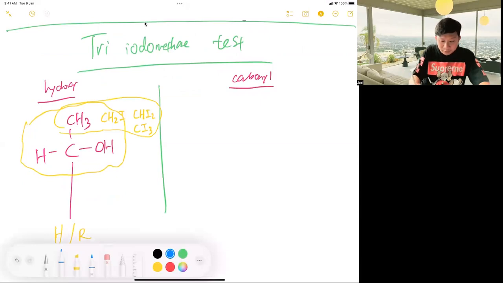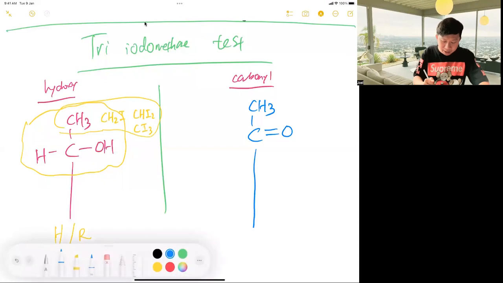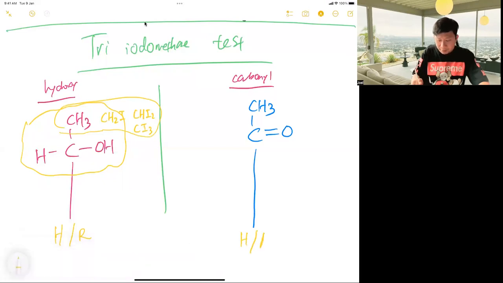Okay, today for this chapter, another fixed guy. The bottom, I don't care again. Same thing on top, can be CH2I, CHI2, same as just now.